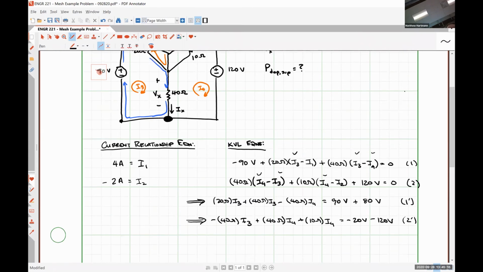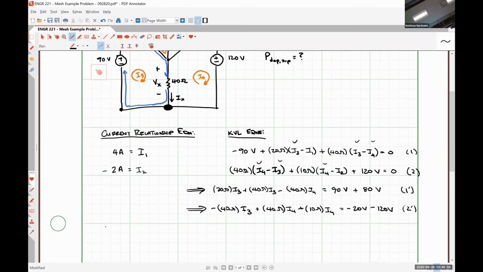So now we have 2 equations, 2 unknowns, which we should be able to solve for the unknown mesh currents, I3 and I4. Take a few moments to familiarize yourself with the equation solving tools on your calculator and tell me what these numbers are supposed to be.